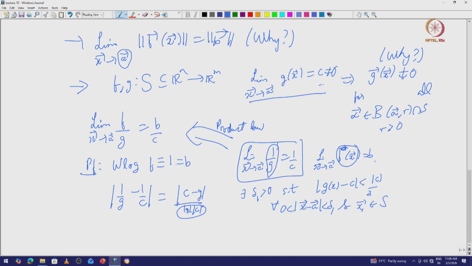Yeah. So this means if you take mod of g, this is the so-called reverse triangle inequality, if you will. You can, there are a number of ways to do it. Maybe I'll do it this way.